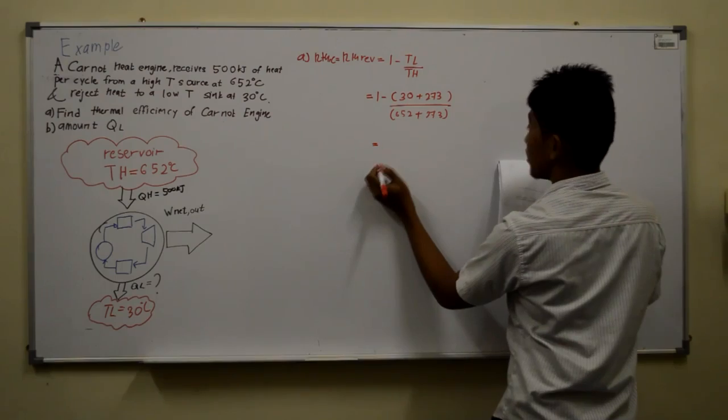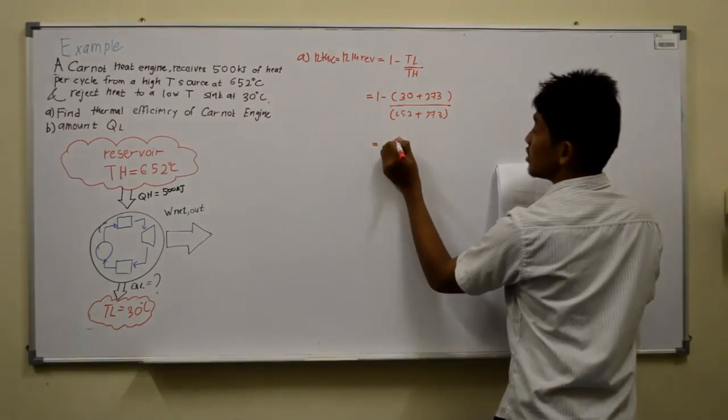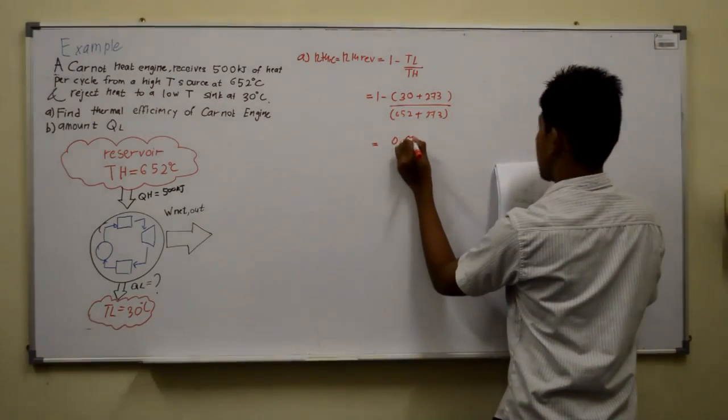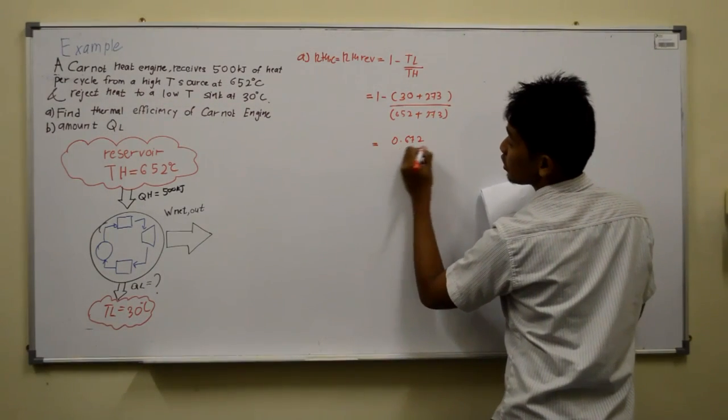Then we will get the efficiency of 0.672. That is the thermal efficiency of the Carnot engine for this question.